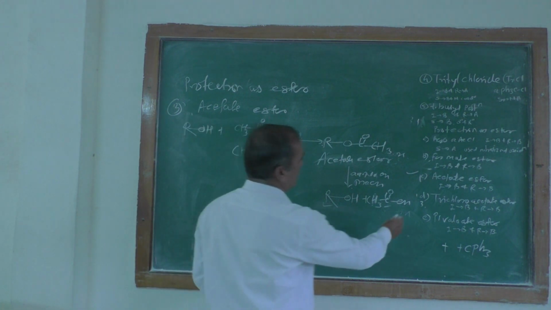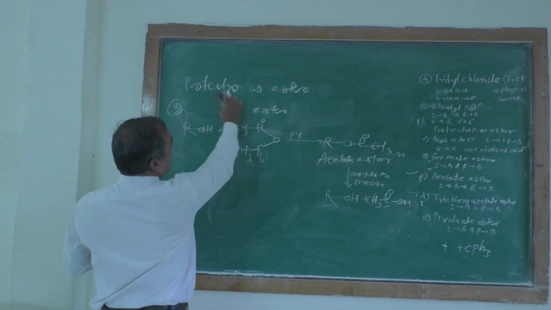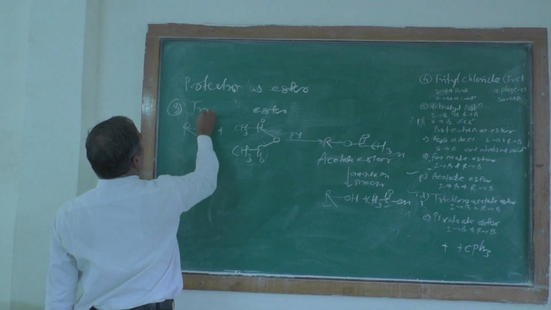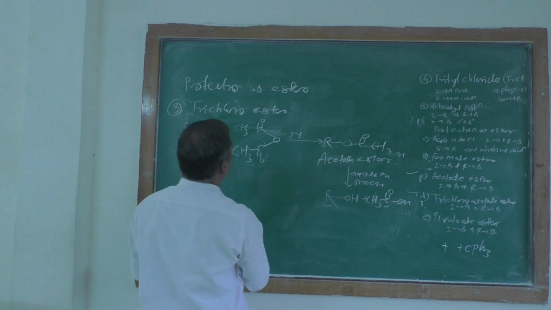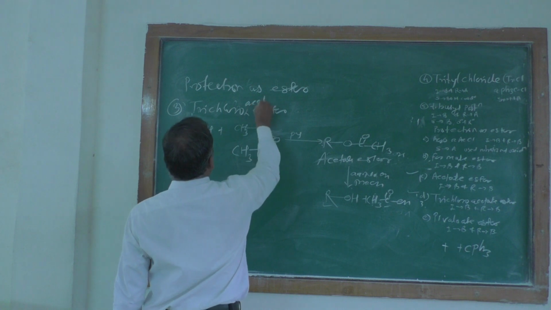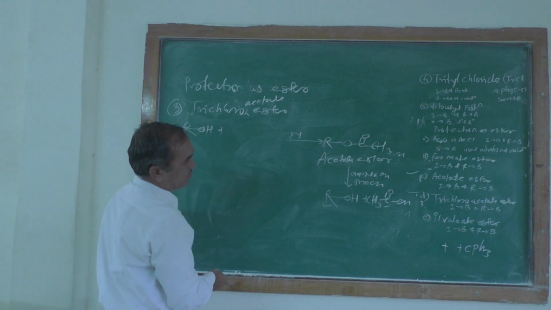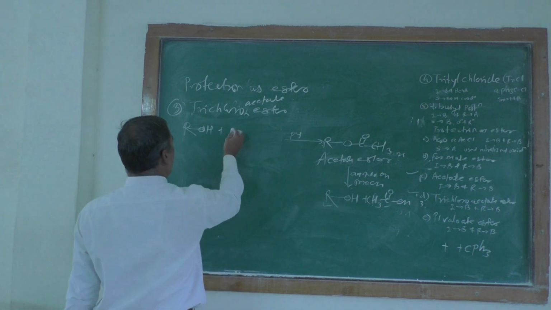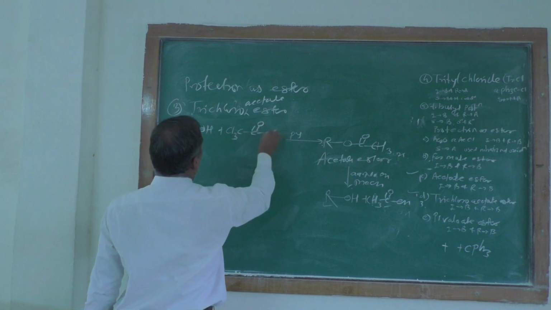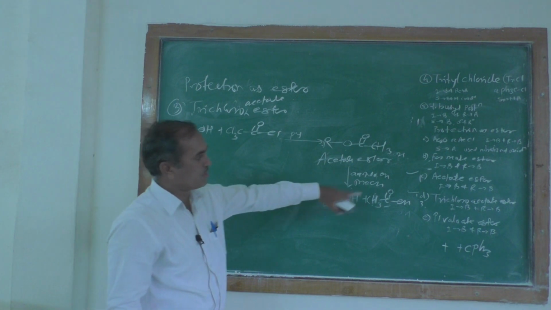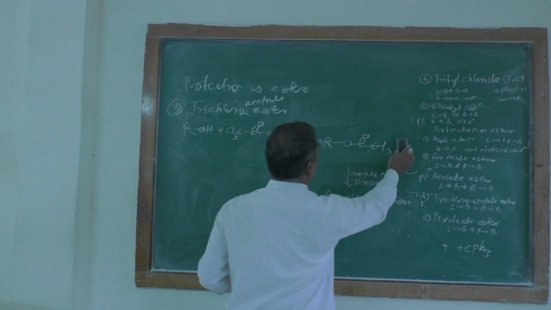Now the next one is trichloroacetate ester. Here just remember what will be the structure of trichloroacetate: Cl3C C double bond O Cl. So that is the structure of trichloroacetate, and the resulting compound we are going to get has CCl3 instead of this.